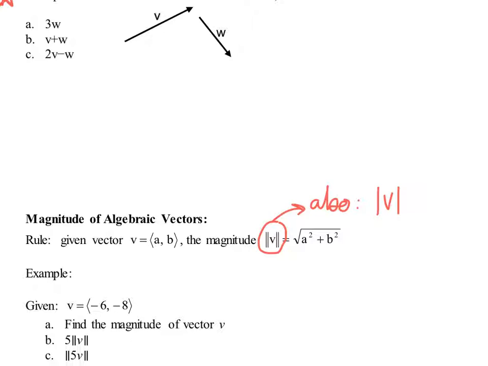And it should be an absolute relationship because you're taking the square root of positive numbers, so it's going to be positive anyway. So they just usually use the double brackets to distinguish cases where you're using an ordinary absolute value function and where you're using the vector magnitude approach, right?